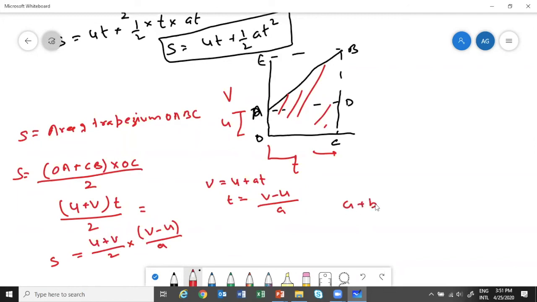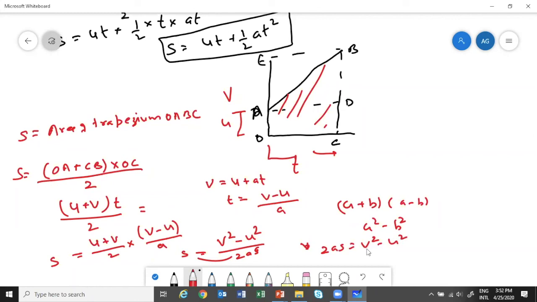What is the formula for a plus b times a minus b? It is a square minus b square. Same here, you can use this: v square minus u square over 2a, and this 2a goes there. So 2as equals v square minus u square.